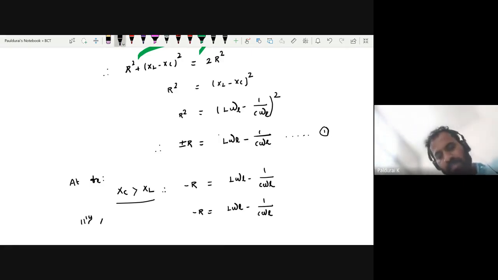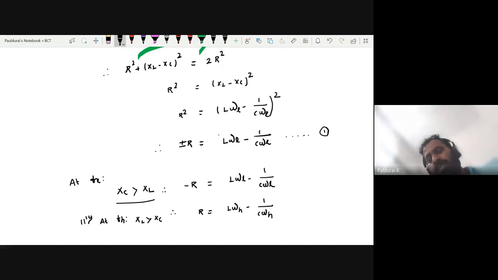Similarly, at highest frequency, if you derive, what will you get? This time, if you do the same thing, omega L becomes omega H, the highest frequency. At highest frequency, is it minus R or plus R? At highest frequency FH, XL is greater than XC, therefore XL minus XC, is it positive or negative?